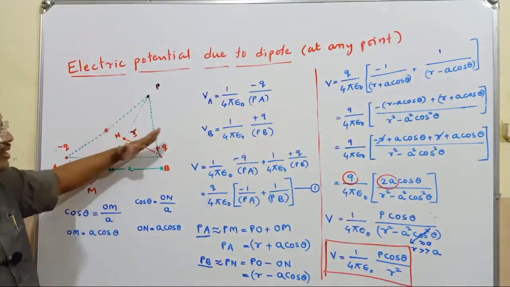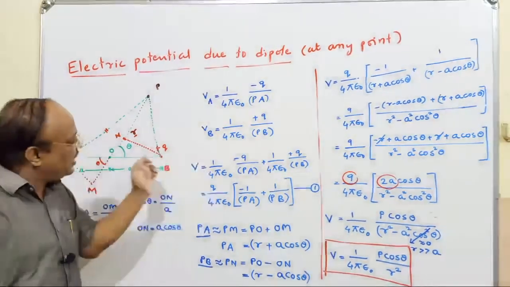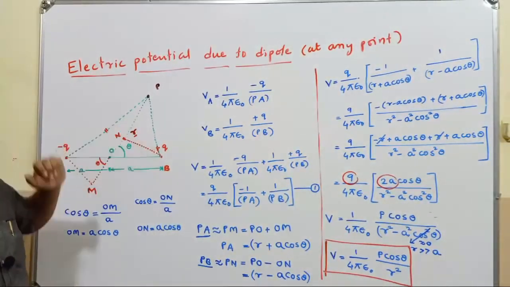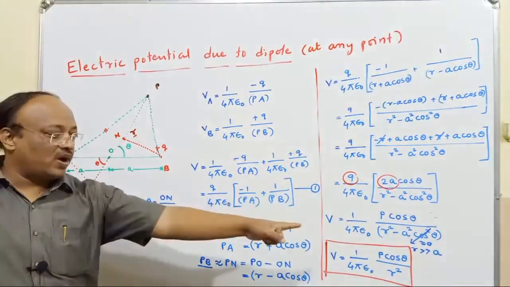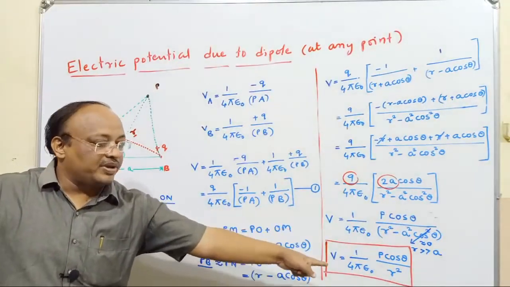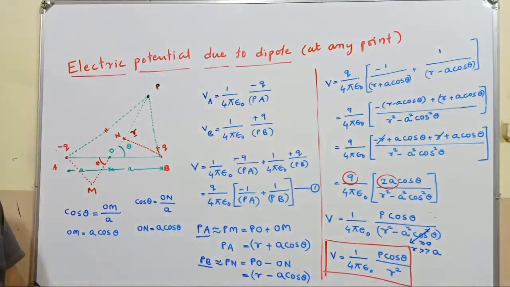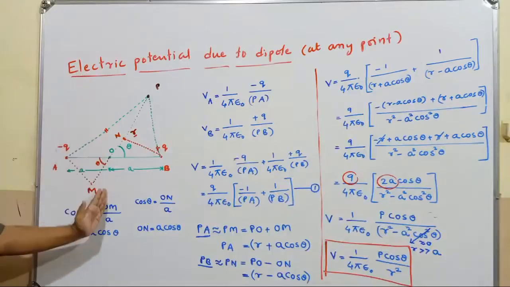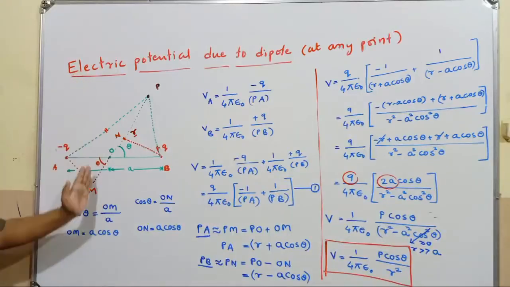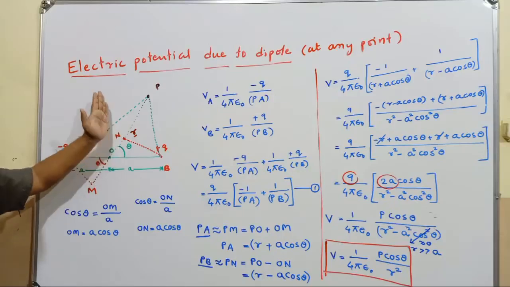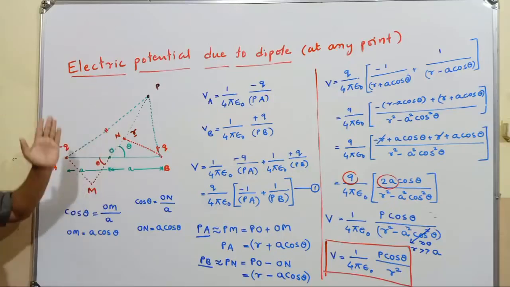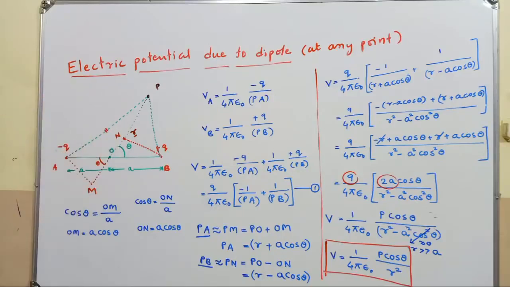So if it is on the axial line, this theta will be 0. Cos 0 is 1, so 1 by 4 pi epsilon naught P by R square. On the equatorial line, on the equatorial line means this point P is here, in the sense this theta will be 90 degrees.